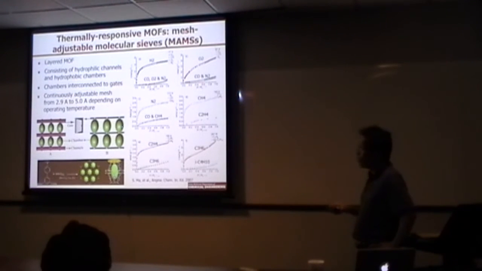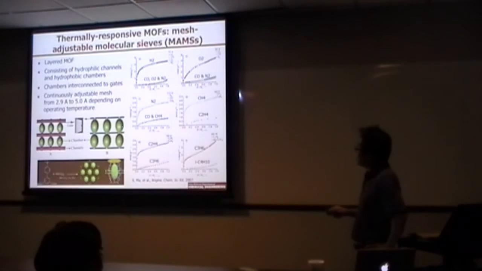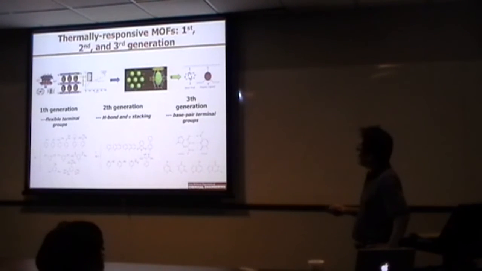However, the problem is still, I don't know whether you have recognized this, the temperature is too low. This is Kelvin. So room temperature is right over here. So this is not going to be useful as it is now. My colleague is developing new types, what they call second and third generation MAMS.